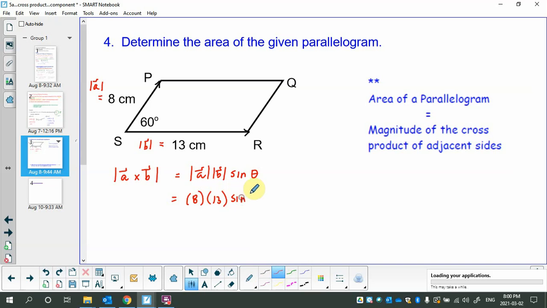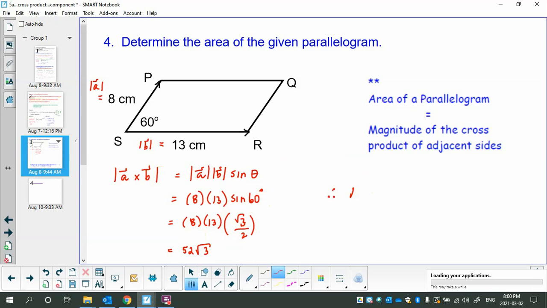Sine 60 degrees. If I dig out my unit circle, the sine of 60 degrees exactly, without using a decimal, is root 3 over 2. So 8 divided by 2, because I can, is 4. 4 times 13 is 52, and I've still got the root 3 there. So that's the answer for the magnitude of the cross product, which is the same as the area of a parallelogram.